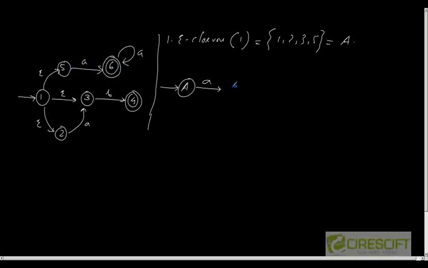So I can say that delta of A comma a will be either 3 or 6. Understood? And this I represent as capital B because it is a unique set of states.